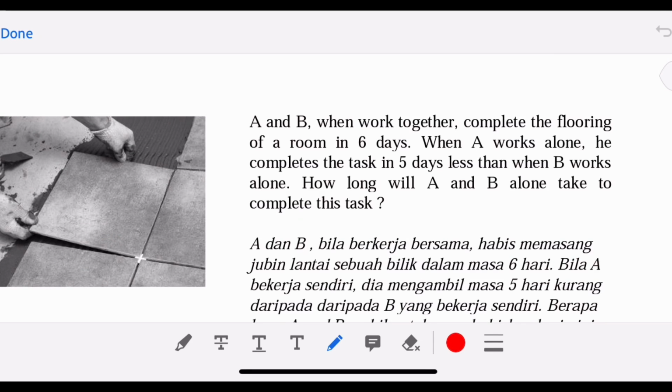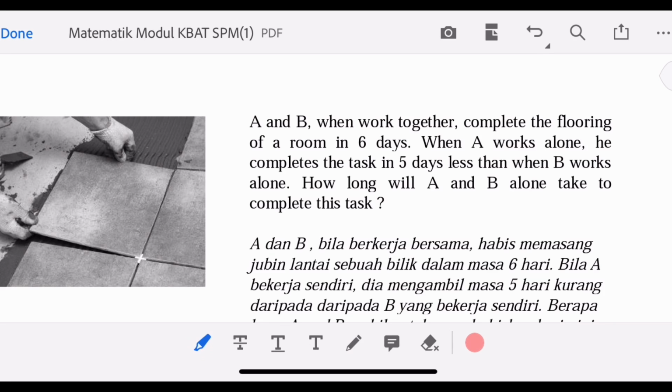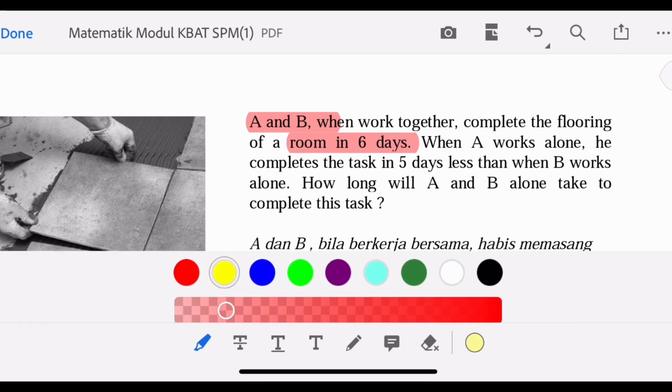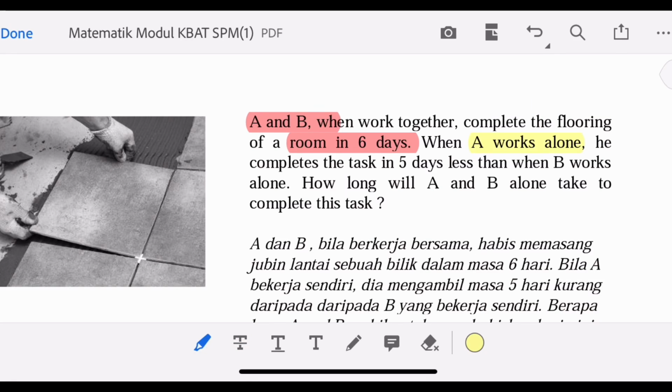Now let's discuss this question. It's a bit challenging. A and B, when working together, complete the flooring of a room in 6 days. When A works alone, he completes the task in 5 days less than when B works alone.